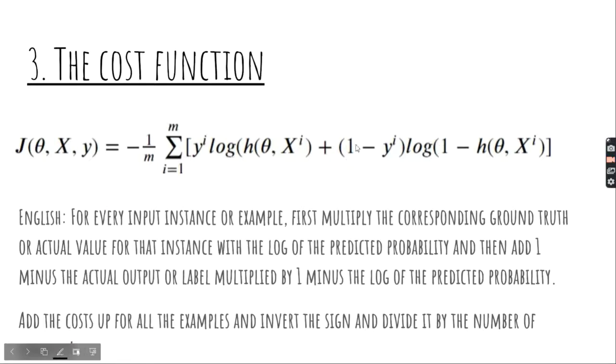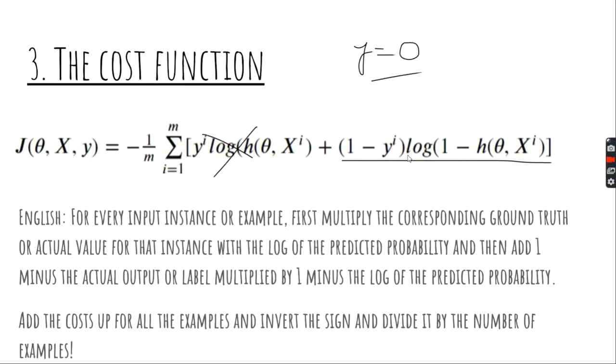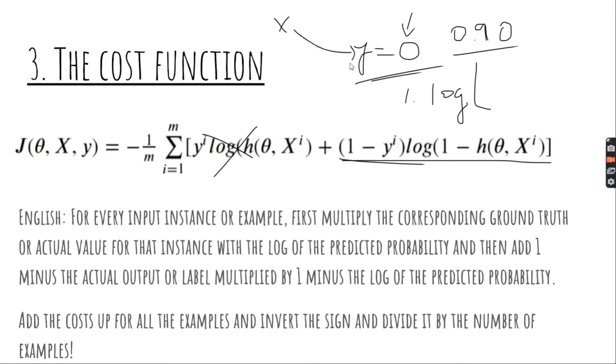In the other case where we have the negative class, so y is equal to 0, this cancels out and now we are left with this. So essentially what we do is 1 times logarithm of 1 minus, let's say we predicted there's a 0.9 chance that our current input x belongs to this class.